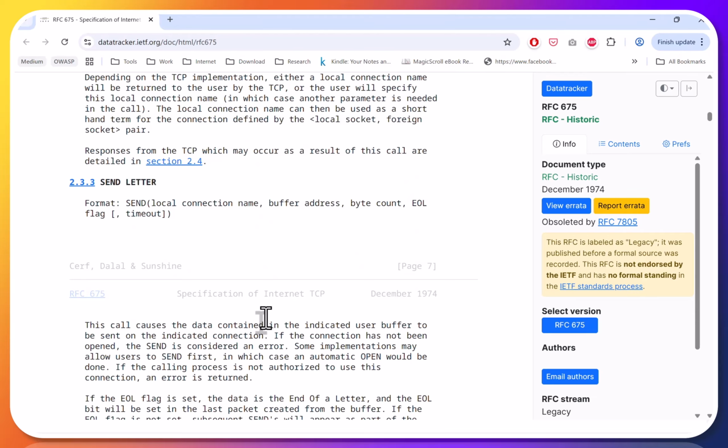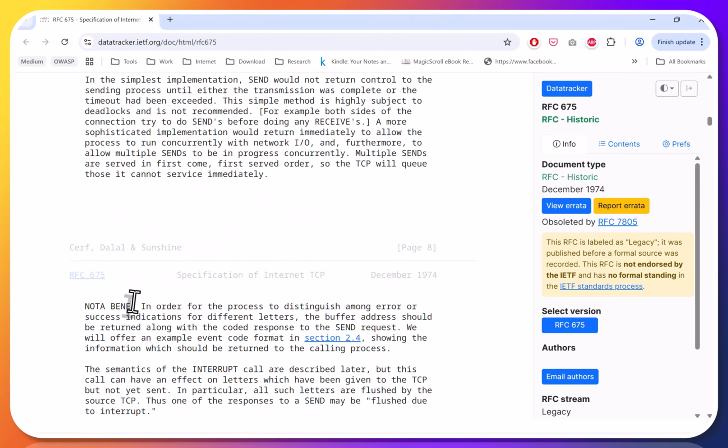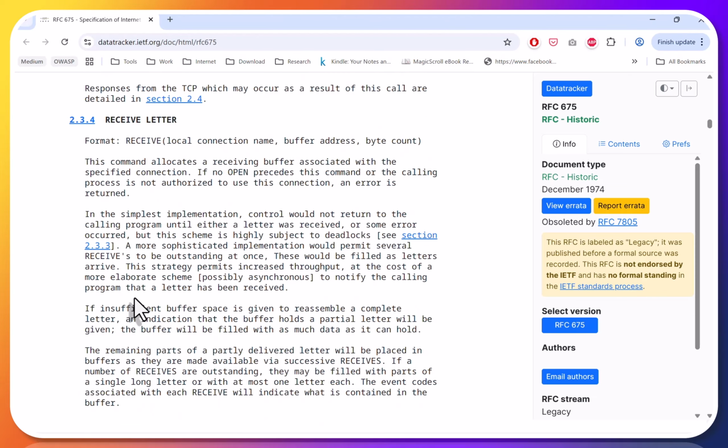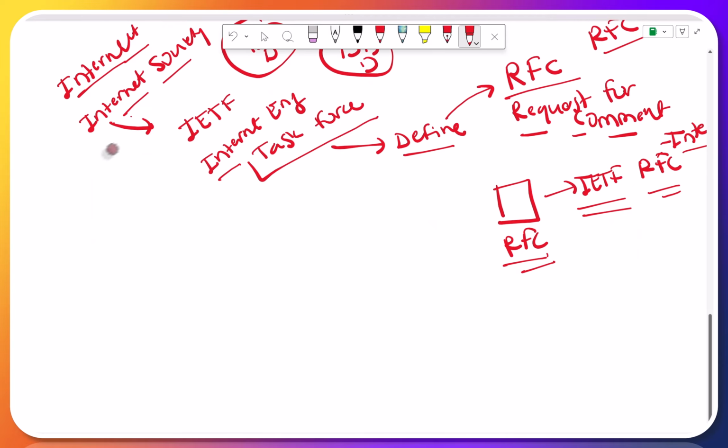So this is how it will be documented. Every protocol, whatever you see, right, all the changes done in the protocol, for everything there will be an associated RFC present.